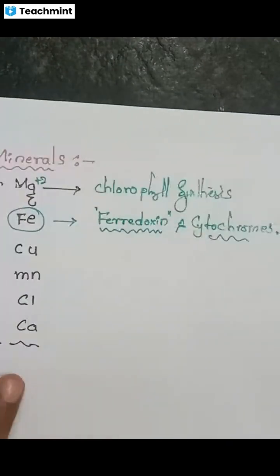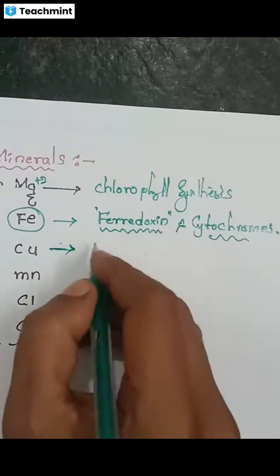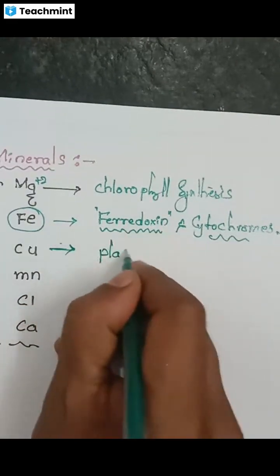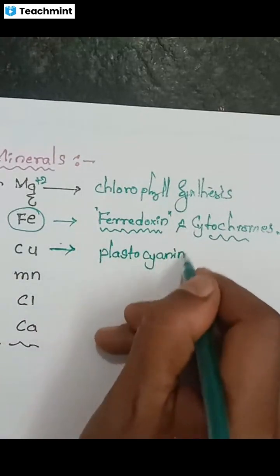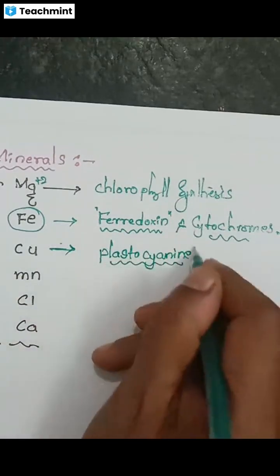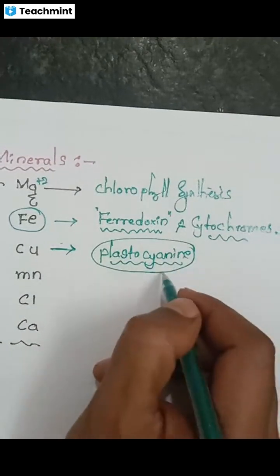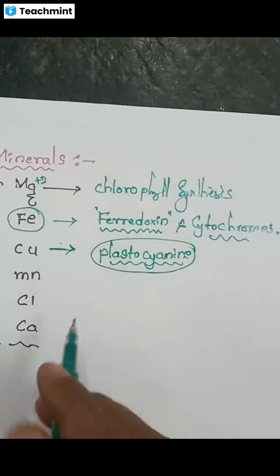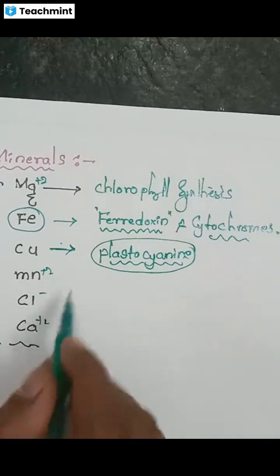Copper is also an important component in plastocyanin, the electron carrier. Plastocyanin consists of copper. And next one, Mn+2, Cl- and Ca+2.